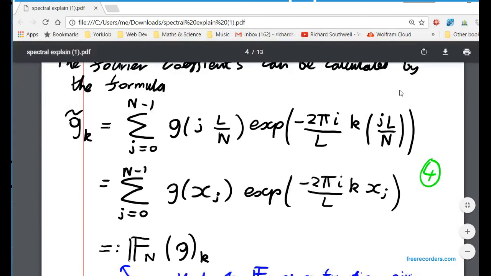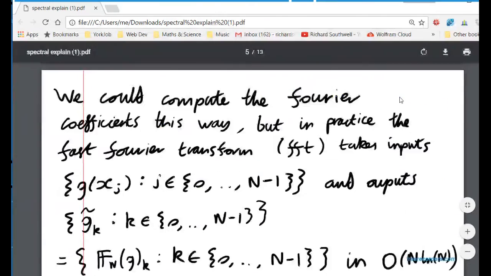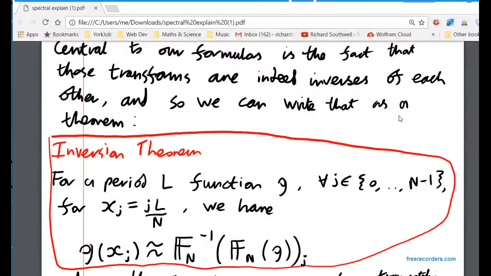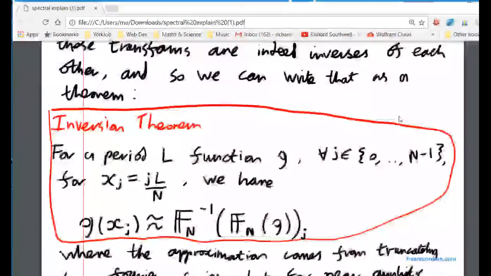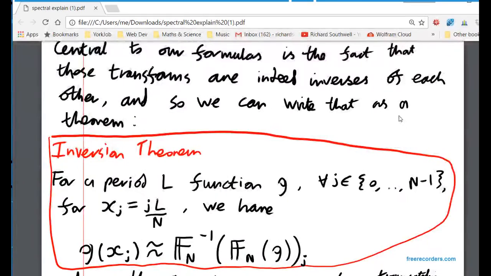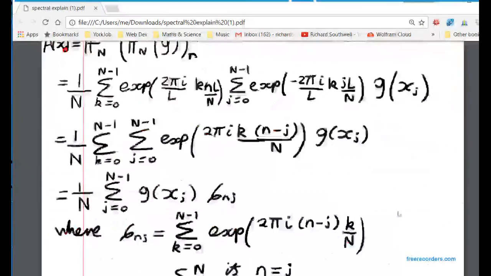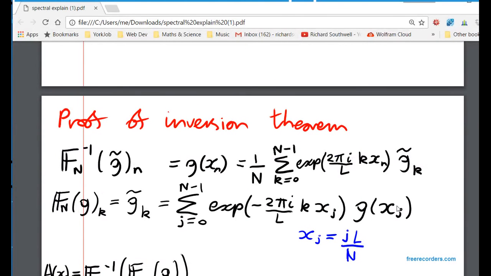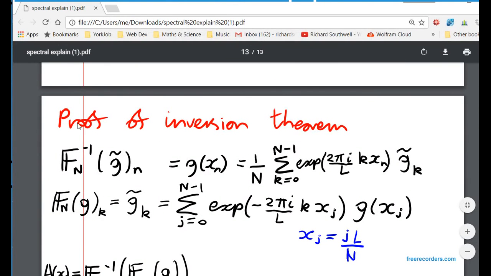So maybe we can have a quick peek at a proof of that. I think it's a good time to do it. I'm just going to go through it very briefly. So, inversion theorem. Here we are. All we do is we've got our equation 3 and equation 4 on the first couple of lines.